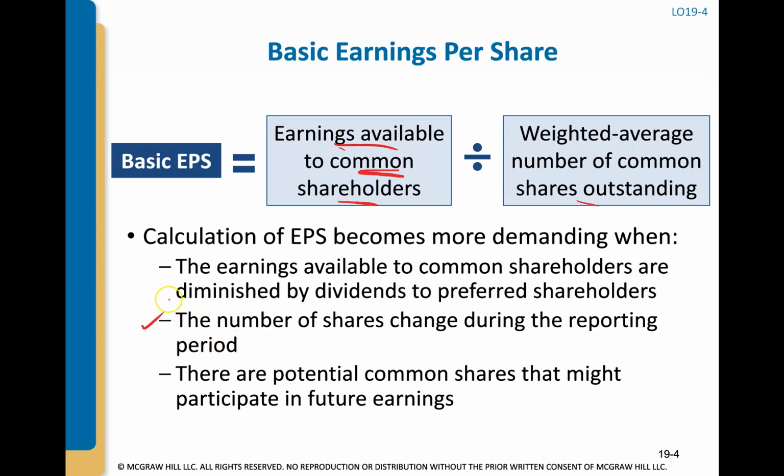It becomes more complicated to calculate earnings per share when the number of shares change during the reporting period, and the reporting period is typically a year for our purposes. And again, there are potential common shares that might participate in future earnings. So there's all kinds of things that can make the whole calculation not as basic as you might expect.